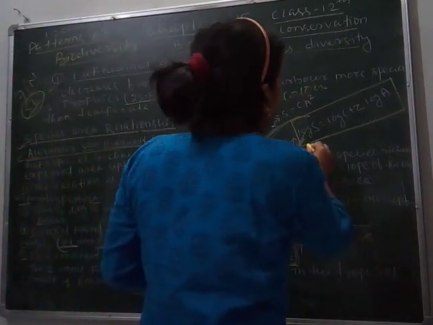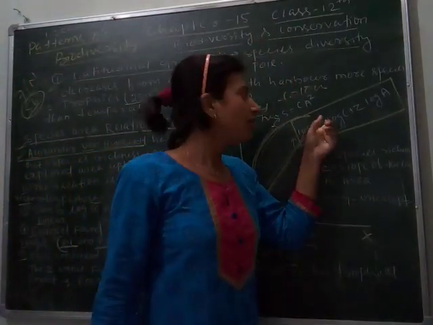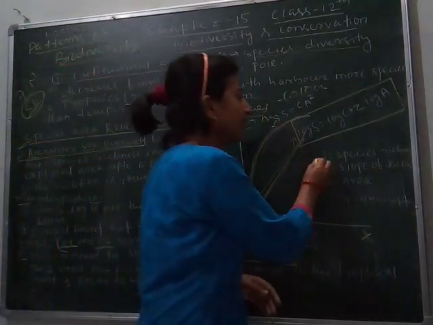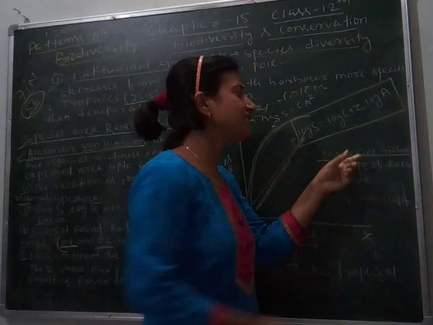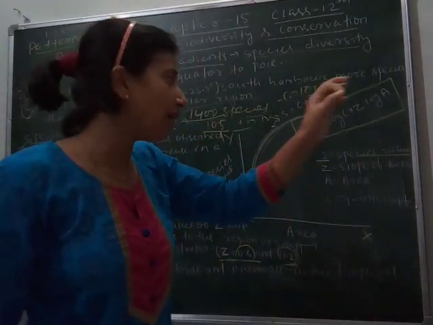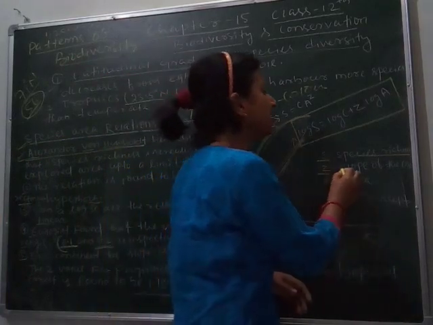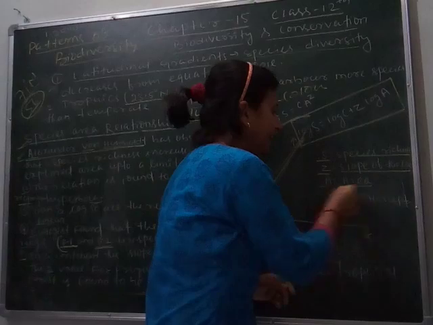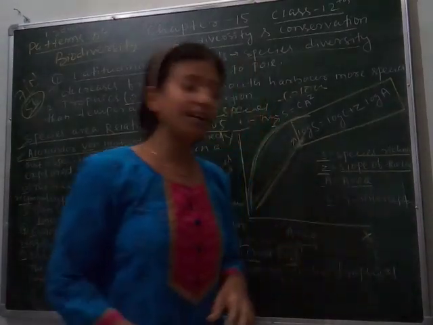Then you can write log S is equal to log C plus Z log A. That's it. Here S is species richness, means how many species are found in that area. Z represents the slope of the line, A represents area, and C represents the Y-intercept.